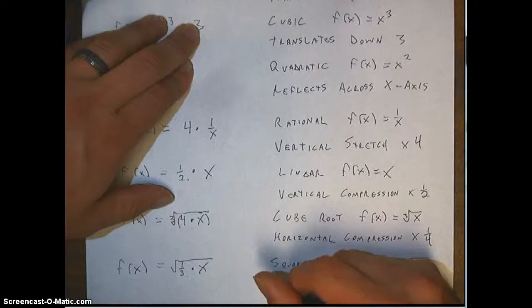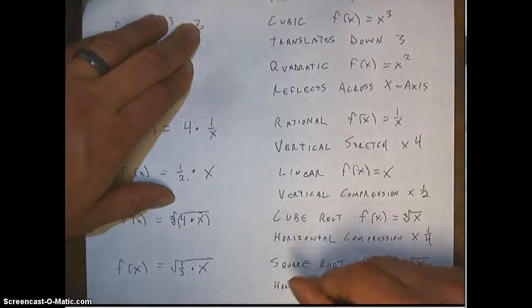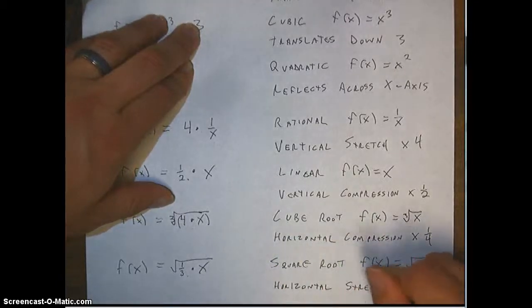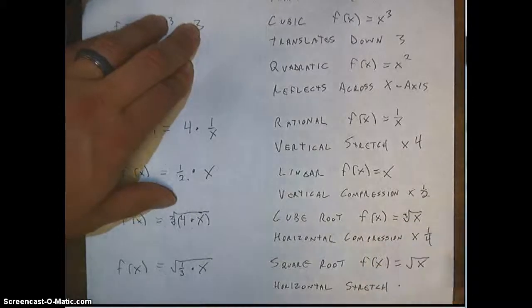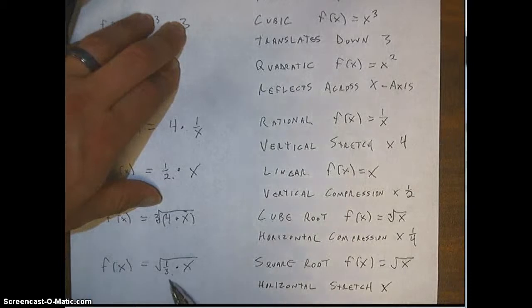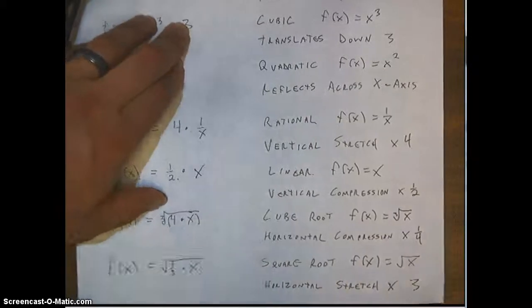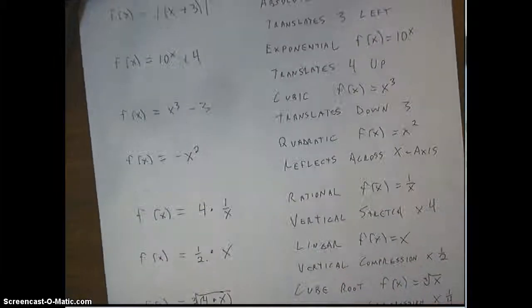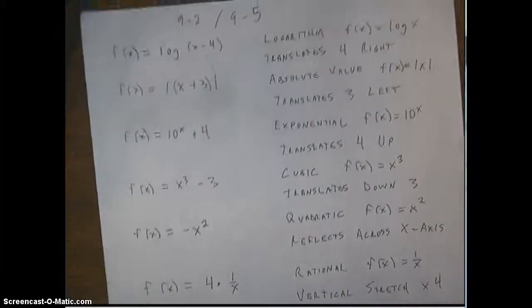Well, it's still horizontal, but now it's a stretch by a factor of 1 over this. 1 over 1/3 is 3. Okay, so there's 9 parent functions there and 9 translations we talked about.